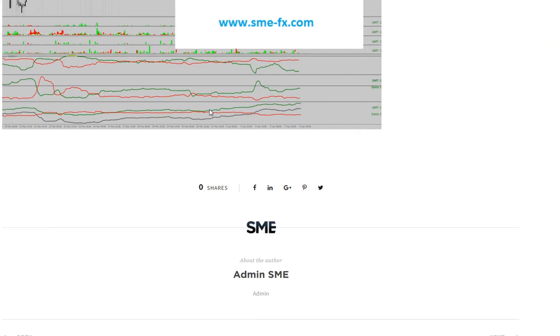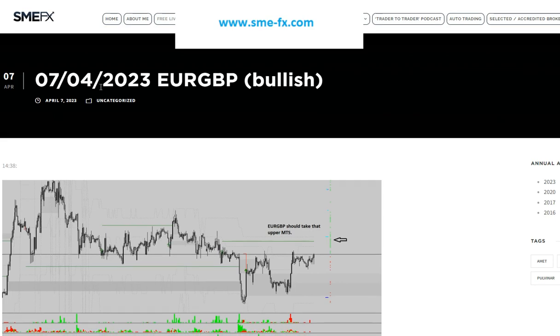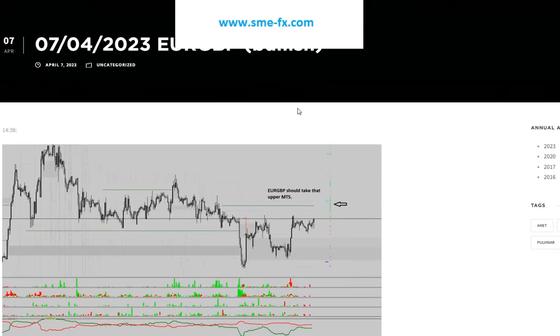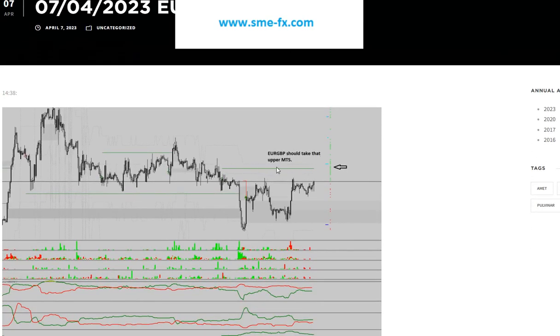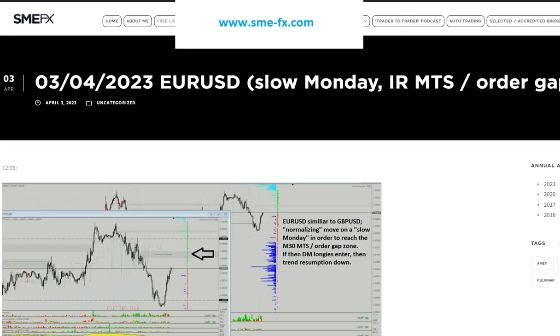So took the lower one, took the upper one, again filled the lower one. Then on the 7th I said bullish, euro pound should take that upper medium term stop here. Yeah, that one, and shorties came in and it came up after that. So more complex, but some nice opportunities there.